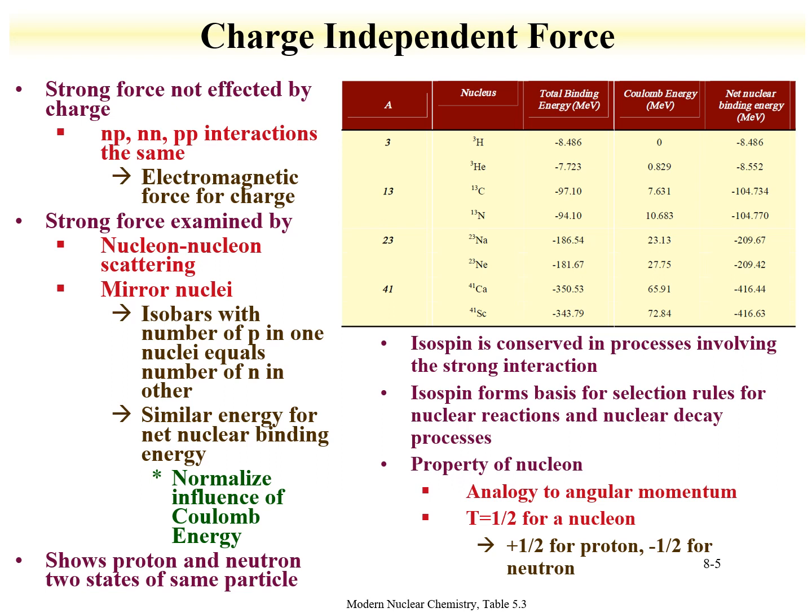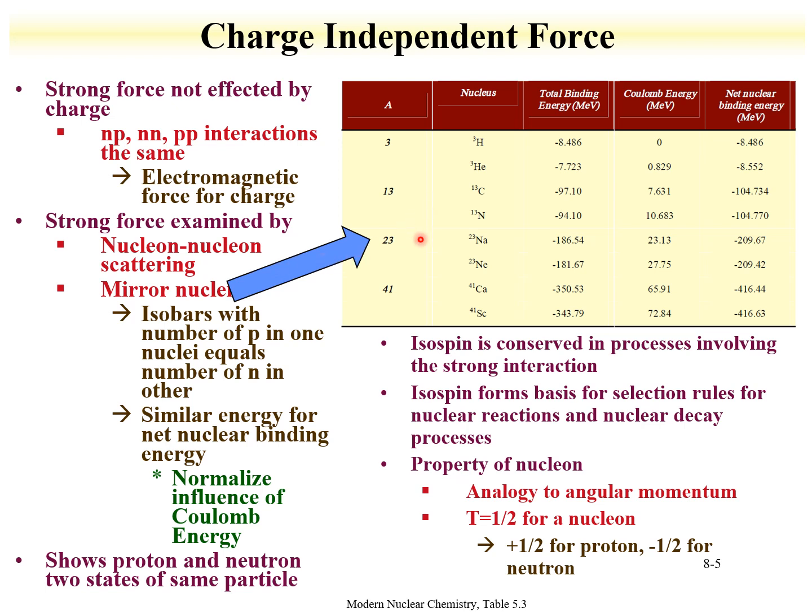So somehow, in order to evaluate a charge-independent force, one must remove the Coulomb repulsion from any energy calculations. This can be done by looking at nucleon-nucleon scattering or by mirror nuclei. And here's an example of some mirror nuclei, and these mirror nuclei are isobars with a number of protons in one nucleus equal to the number of neutrons in another.